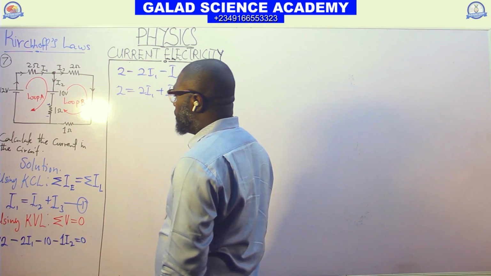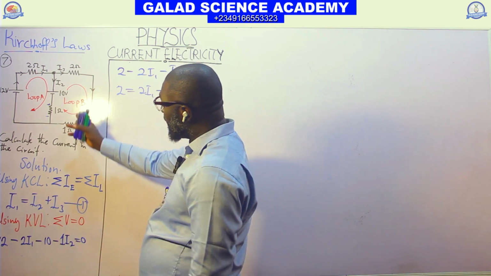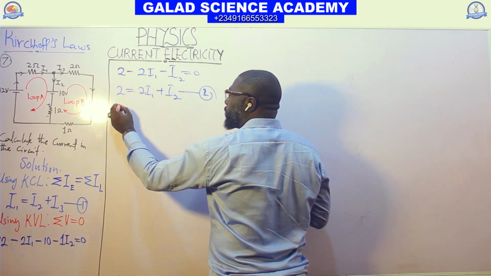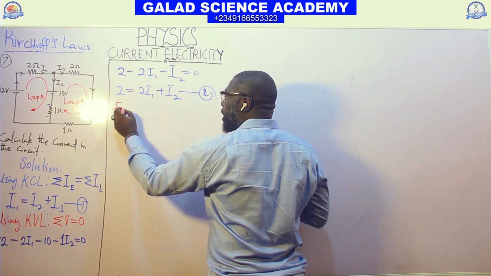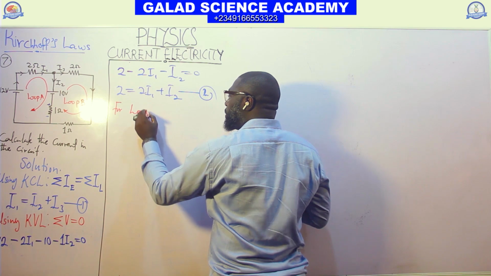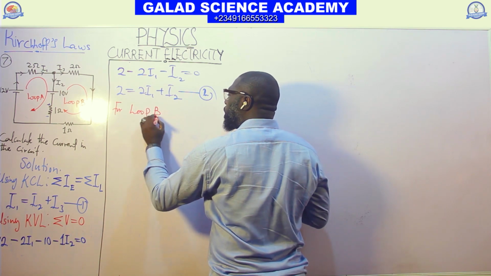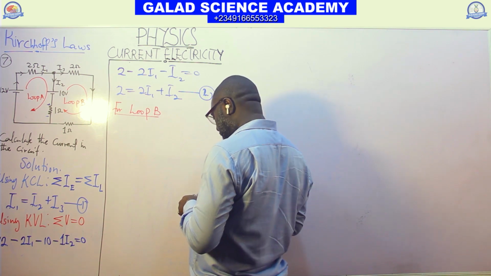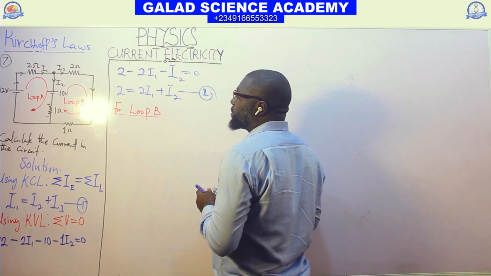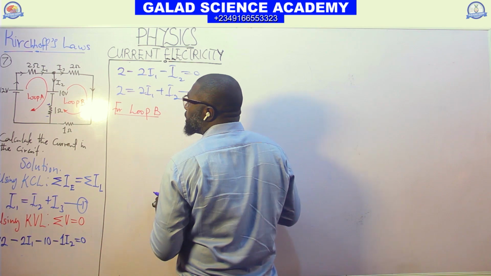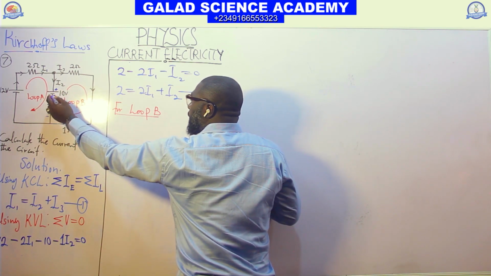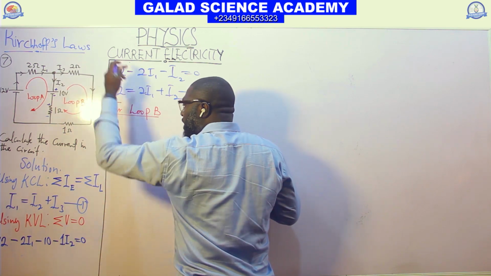The next thing that we can do now is take loop B, the second loop. I can start this from 10 volts here. This is positive, negative. It's going like this, the voltage rise.